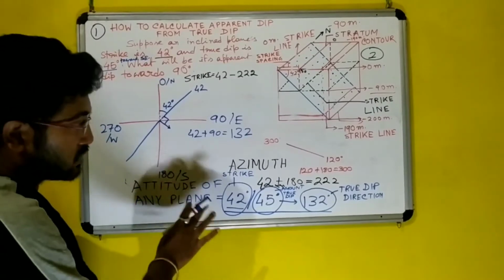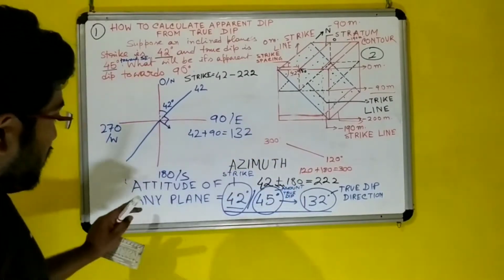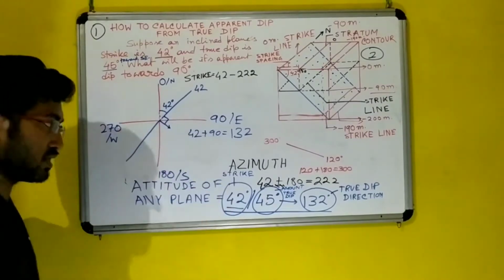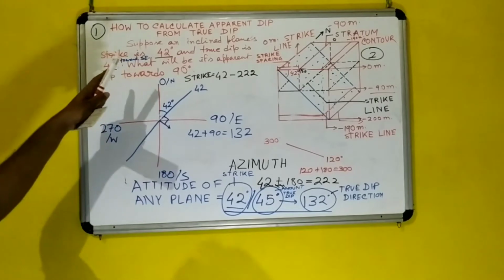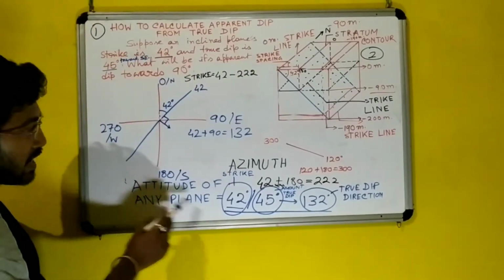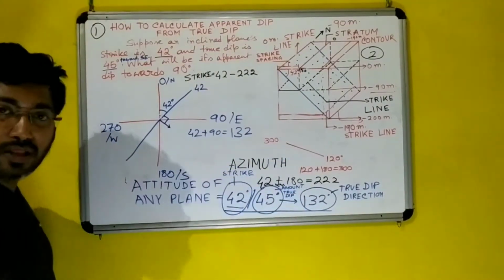So consider these three elements of any attitude of any plane. This is the convention. So this question could come in this pattern also. Suppose this is the attitude of this plane, 42/45 towards 132.